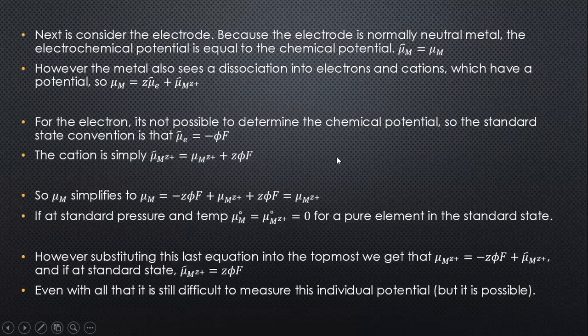Now, how we set this up, if we say this is done at standard pressure and standard temperature, the chemical potential is 0 for a pure element in its standard state, so this has to be 0 for a pure element at its standard state. But if we substitute this last equation into the top part, we'll get that these two are equal.